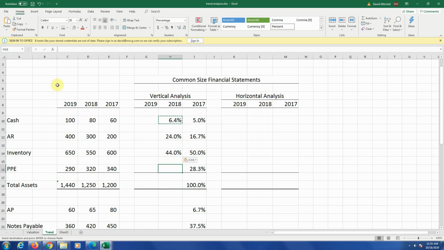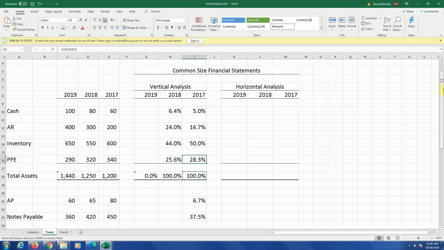And our fixed assets also went down a little bit. So we can analyze what's happening, in trend terms over the years, and how the makeup of our assets might be changing.